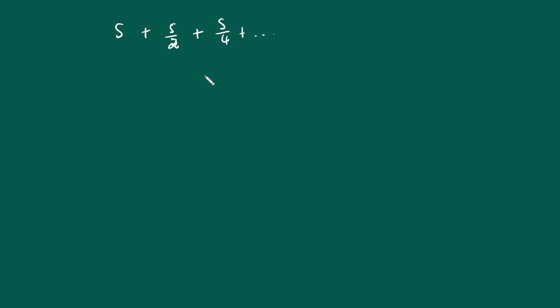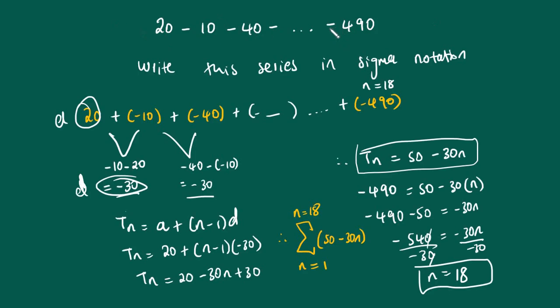So same procedure, right? But the only difference with this problem and the others that we did is that on this problem there is no last term. So you don't know what the last term is here. You just know the first, second and third, whereas in the other ones I was giving you the last term.